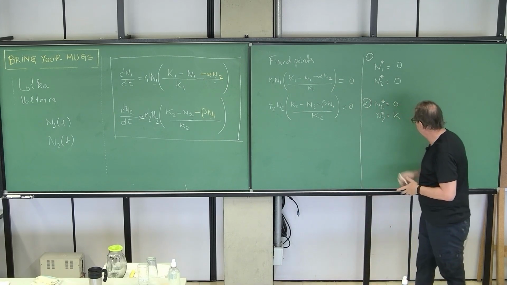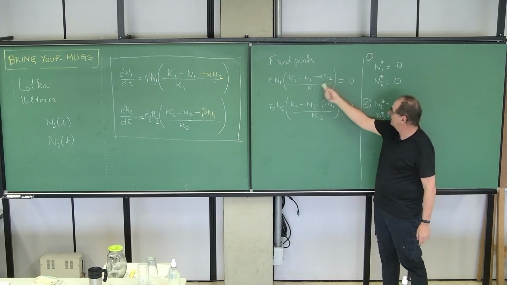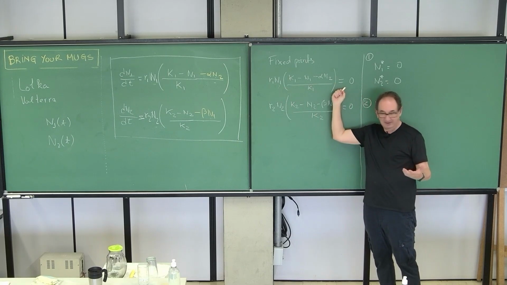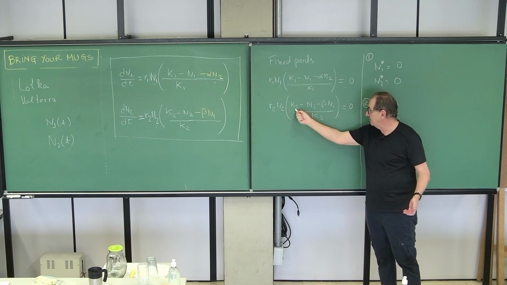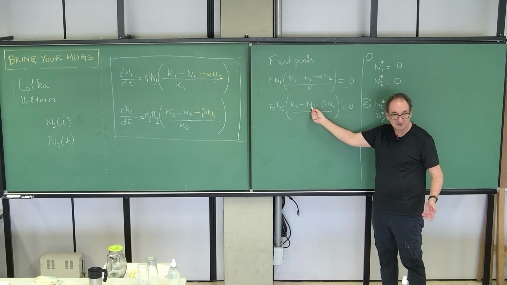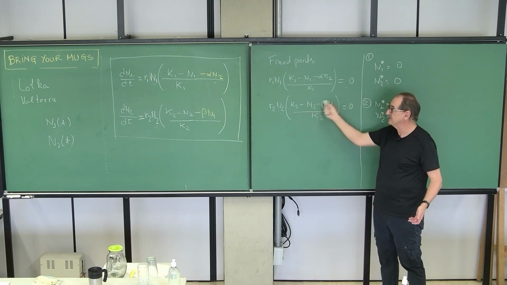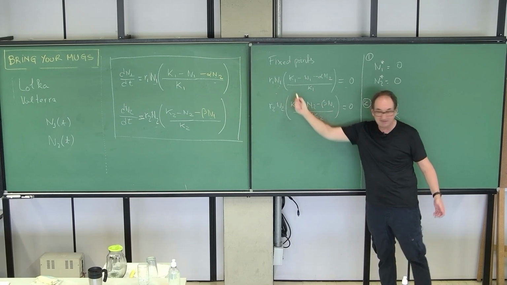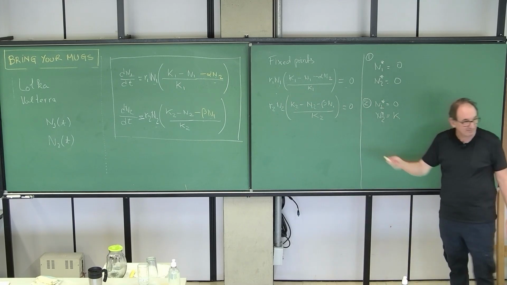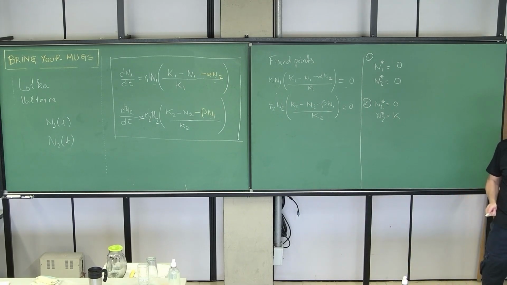And you can verify. You put here N1 equal to 0, it's verified. You put it here, then you have K2 minus K2, which is 0, minus something which is already 0 because N1 was 0. Therefore, it's a solution to the equation.